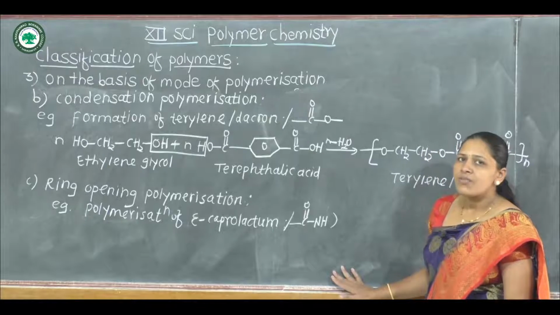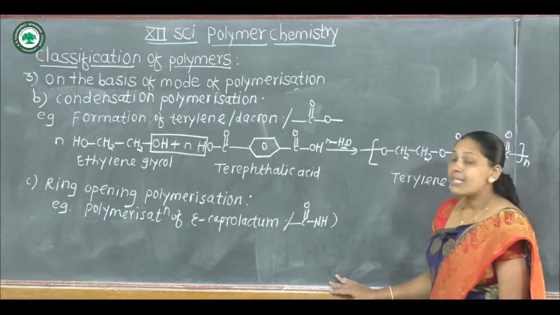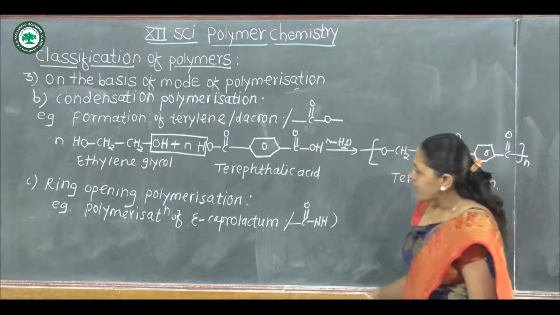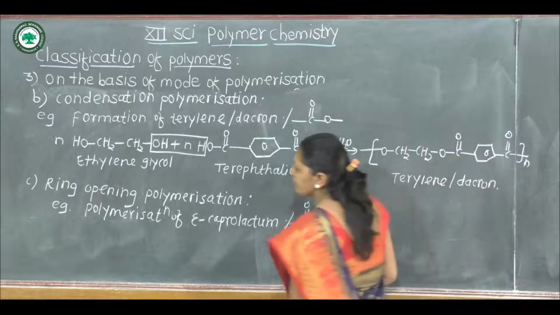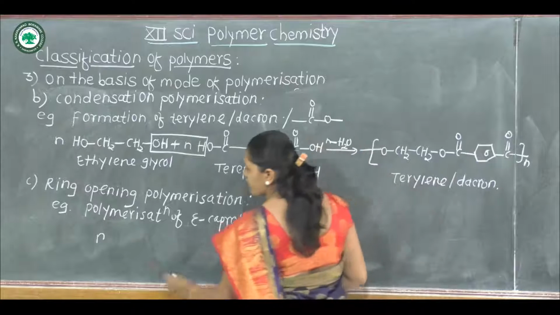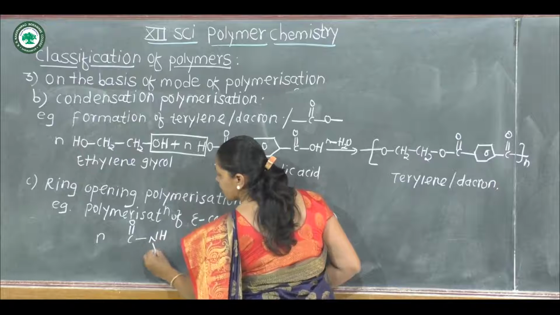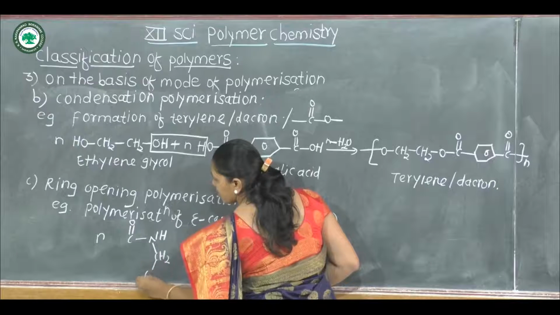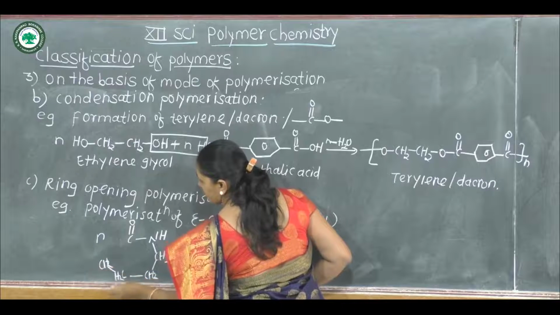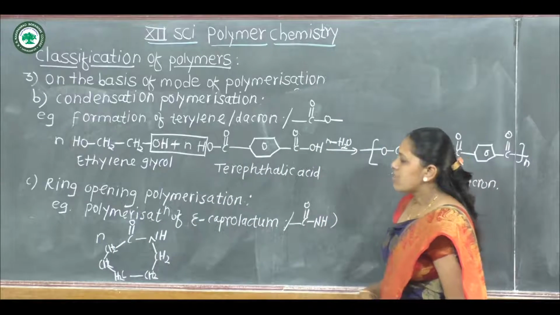Organic compounds which consist of amide group but in cyclic manner, that is cyclic amides, are called as lactams. n number of epsilon caprolactam, it consists of C double bond O and NH linkage. This is epsilon caprolactam.